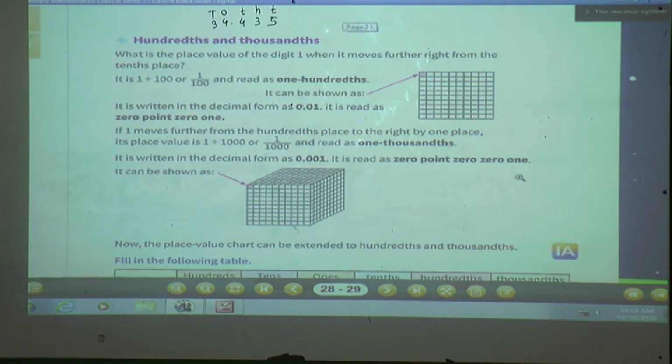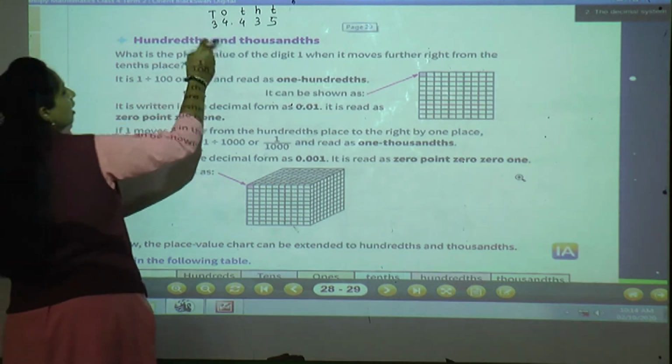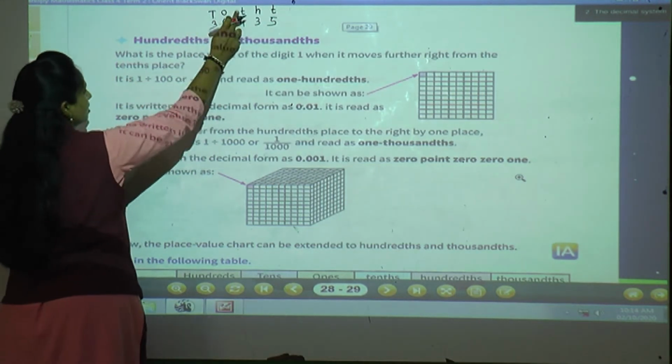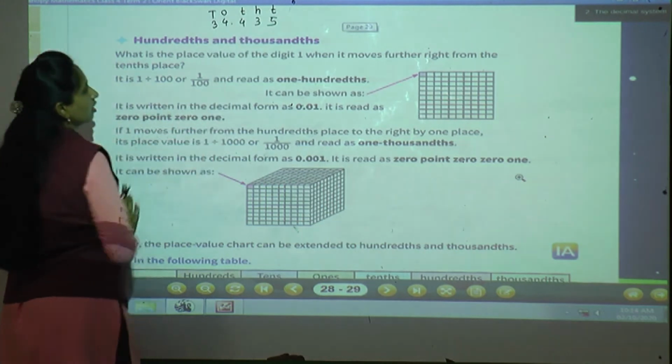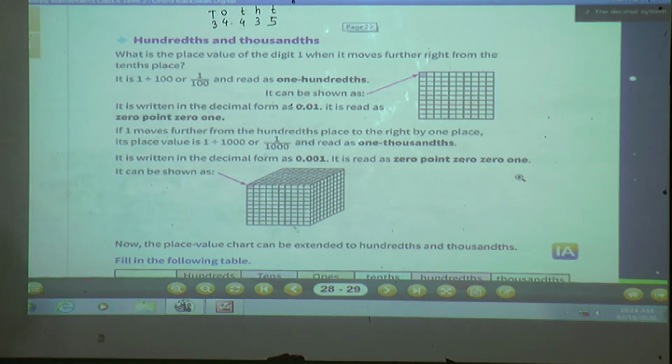So what is the place value of the digit 1 when it moves further to the right from the tenths place? After the tenths place, if another digit comes, it moves to the right side.